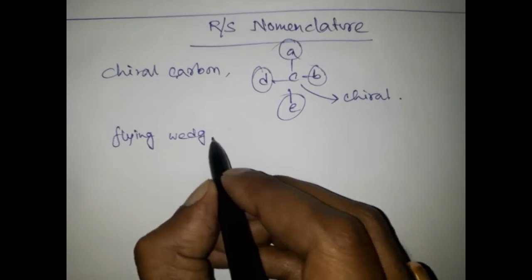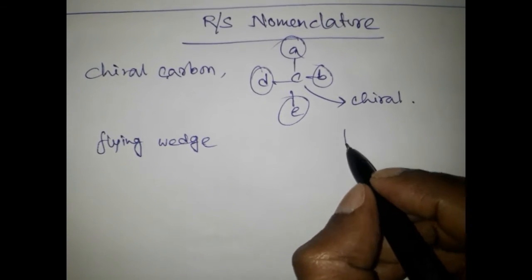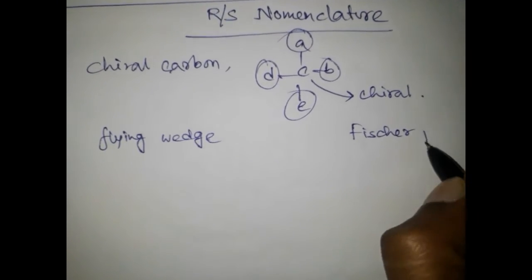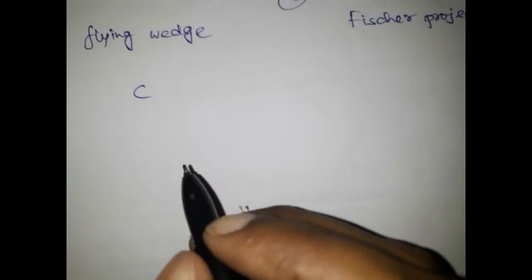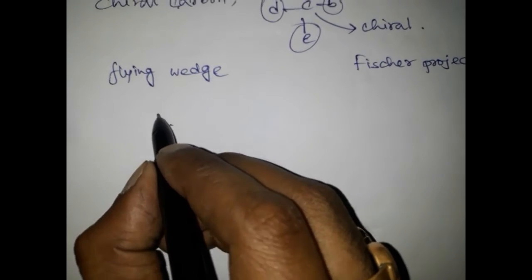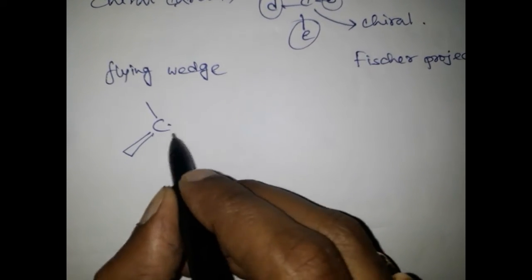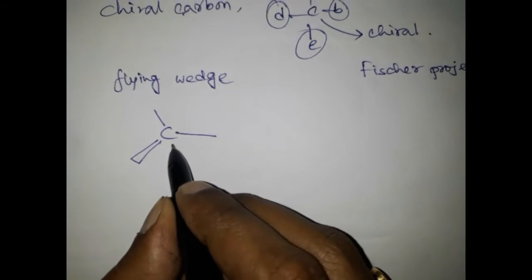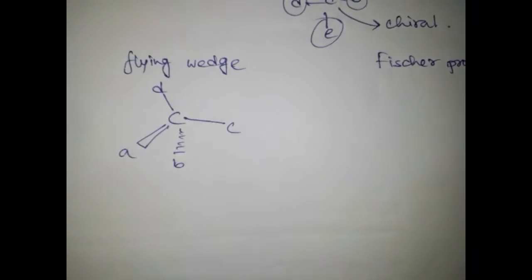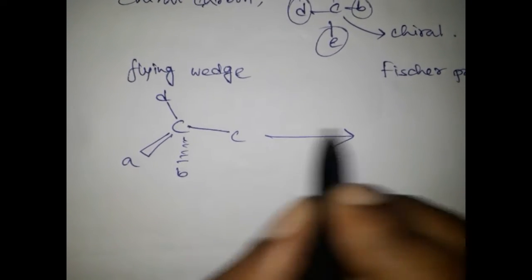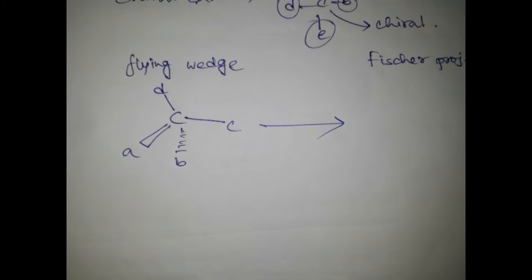Next, there are 2 formulas that we need to know: the flying wedge and the Fischer projection. If we draw a structure with A, B, C and D, how do we convert this to a Fischer projection?